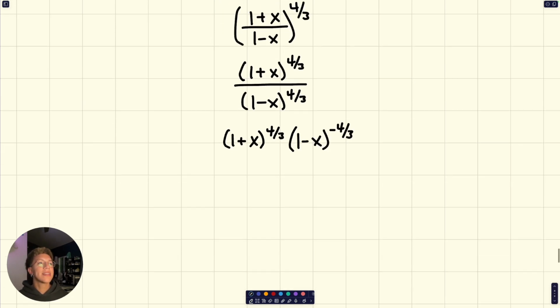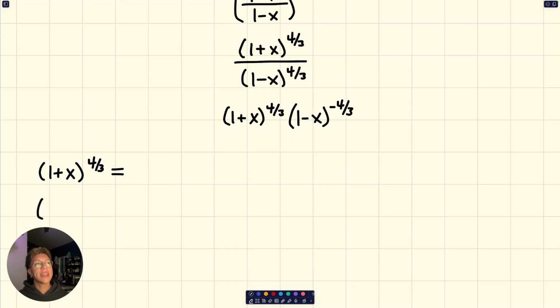And this is not going to be a very quick process. So we have to take 1 plus x to the 4/3, and we have to expand that first. And then we're going to take our second expression, 1 minus x, and we're going to raise that to the negative 4/3, and we have to find an expansion for that as well. And then once we have those two results, we recognize that they're multiplied together.